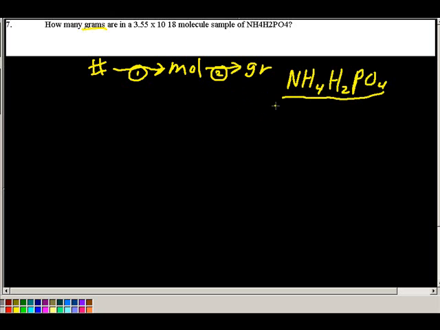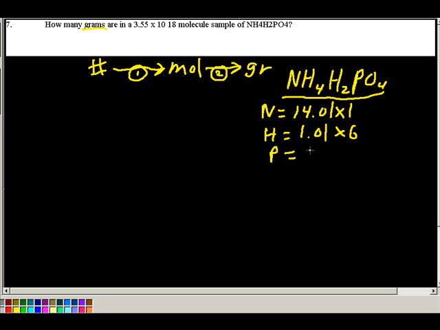Well, nitrogen weighs 14.01. There's one of them. Hydrogen weighs 1.01. But there are two here, four here, two there. There are 6 of them.